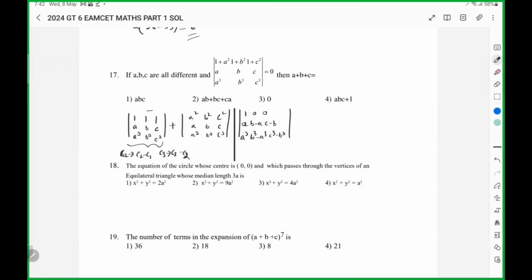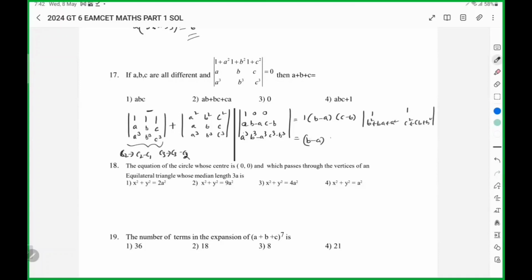It's only the first determinant. So evaluating the determinant, if you take B minus C common, C minus B common: 1, B square plus BA plus A square, 1, C square plus CB plus B square.